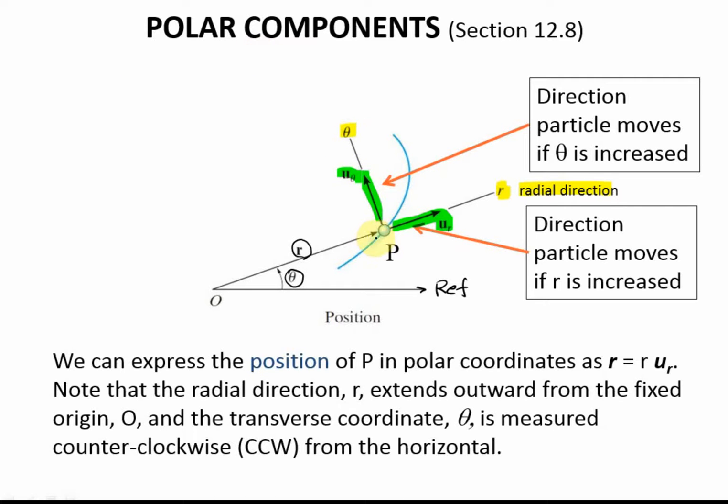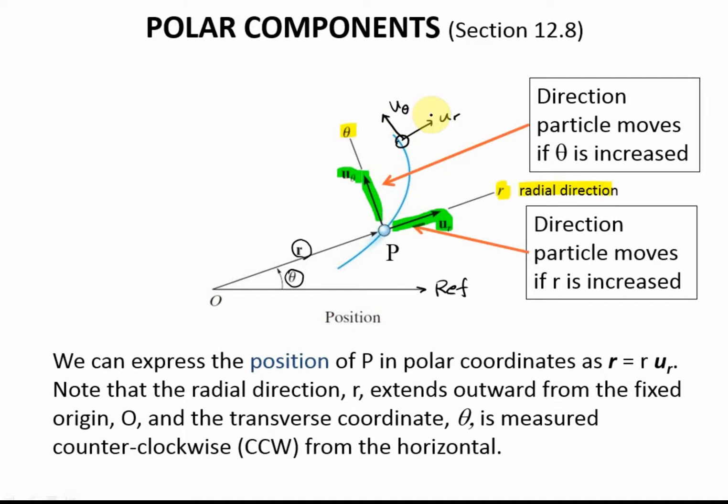If this particle changes position, then obviously your UR and U theta will change direction, because as the particle keeps moving, theta will change and R will change. So the direction at this position is different from here. Even though the magnitudes of UR and U theta are the same, equal to 1, the directions keep changing.